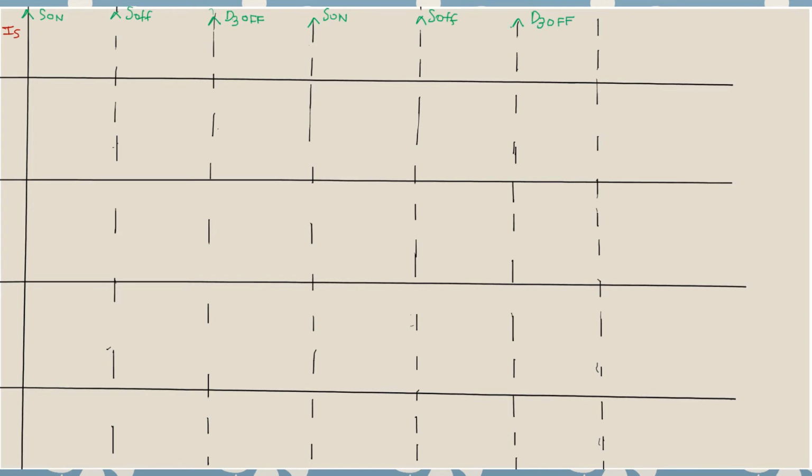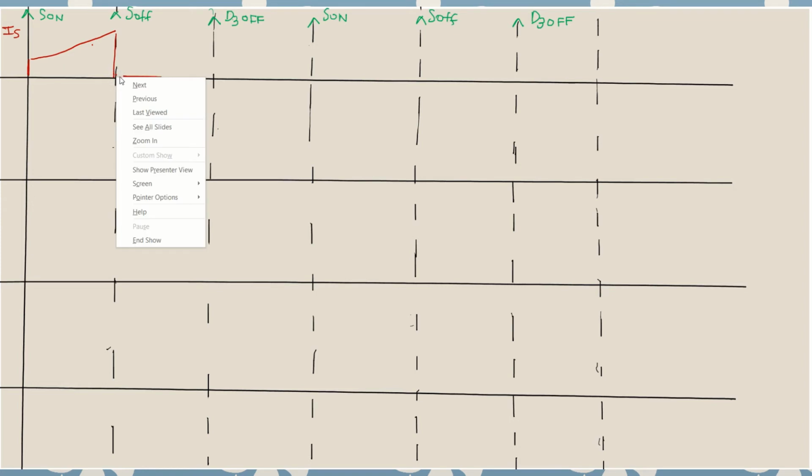So now, for IS, what will happen? When the switch is on, of course there's a current flowing. But when the S is off, what will you see?